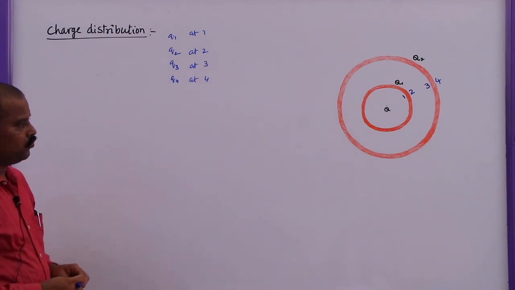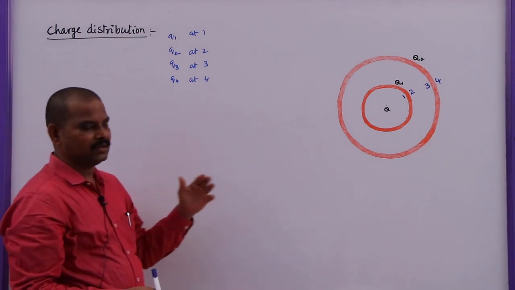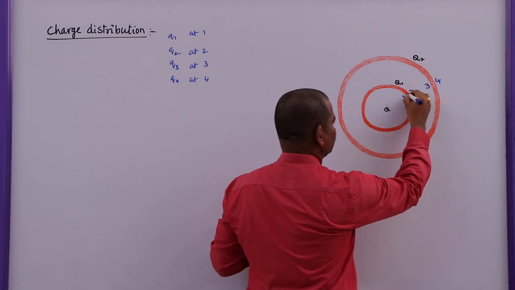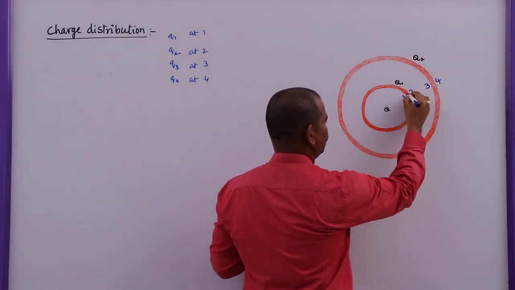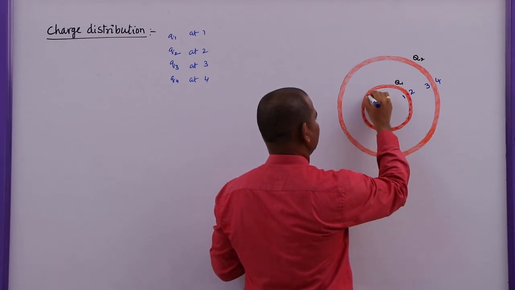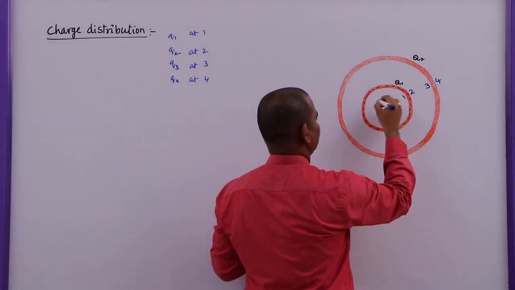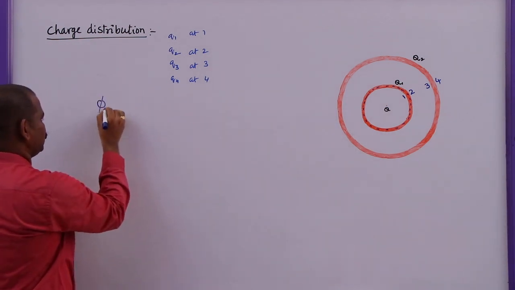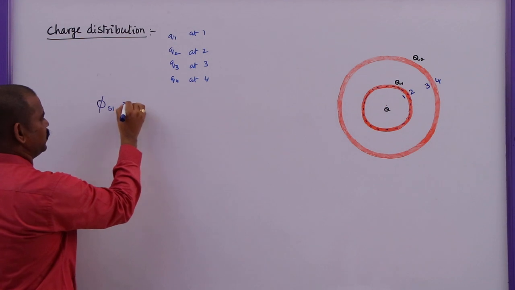Now, to find these charges, directly we can say that if it is Q, this is minus Q. But let me take one Gaussian surface through the first sphere like this. This is the Gaussian surface. So, what is the net flux through the first Gaussian surface?